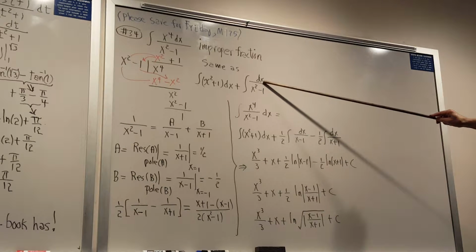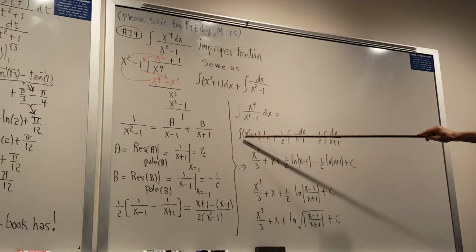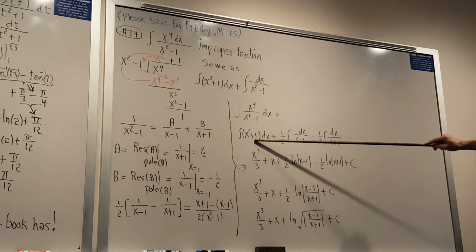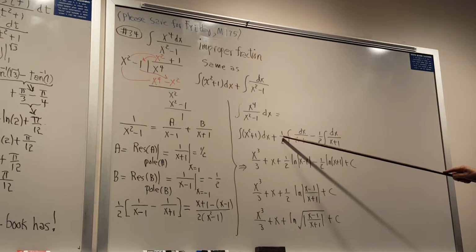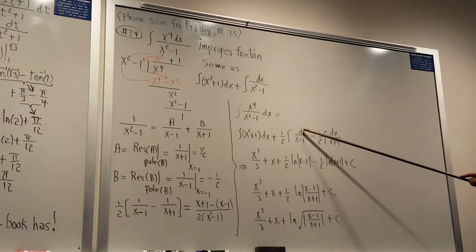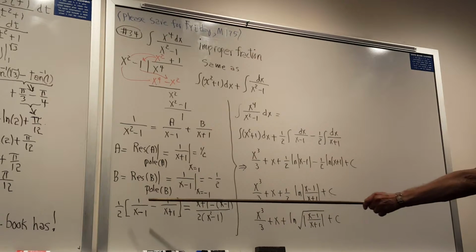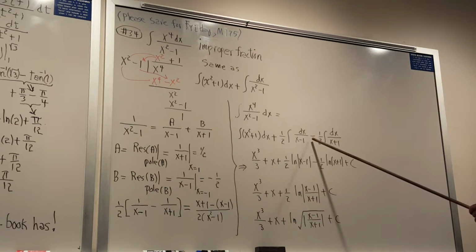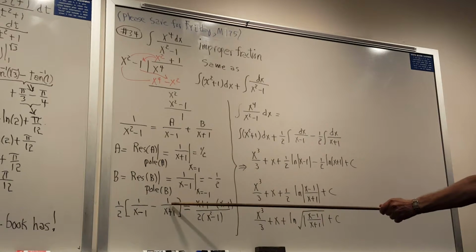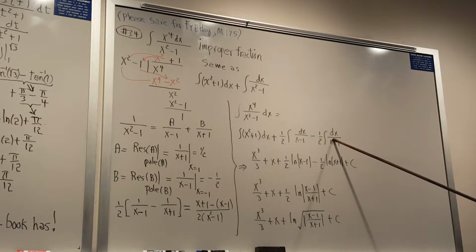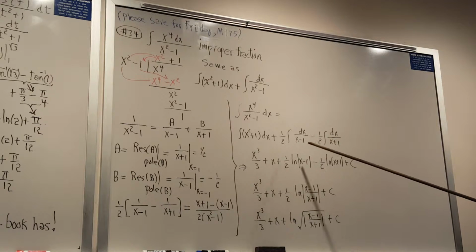So the original problem then is your integral of this part and then half integral dx over x minus 1 for the first partial fraction, minus a half dx over x plus 1 for the second partial fraction.